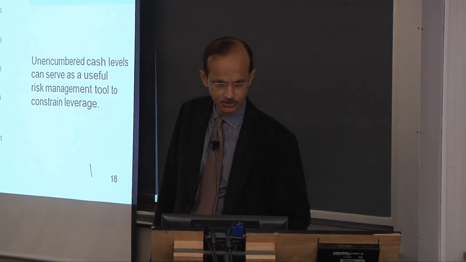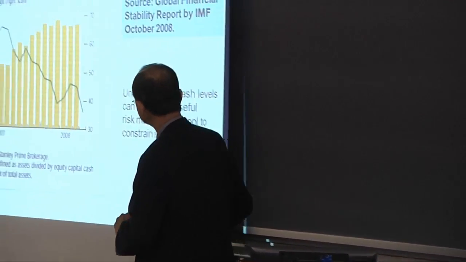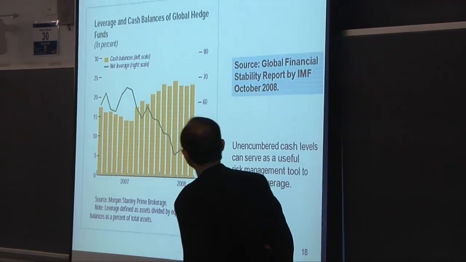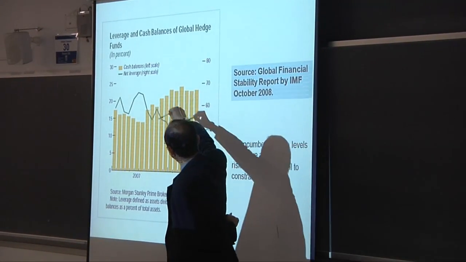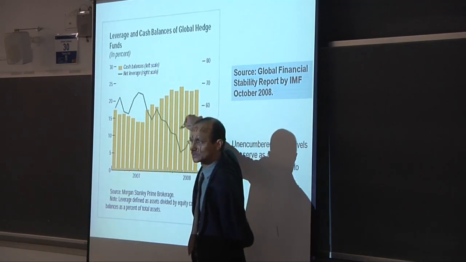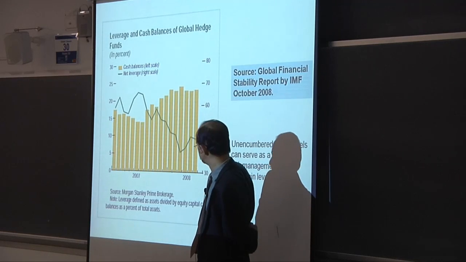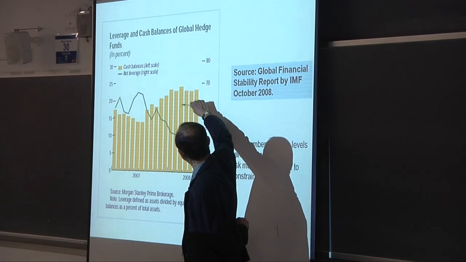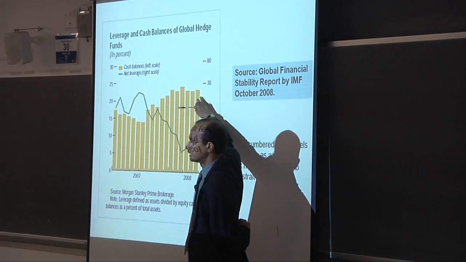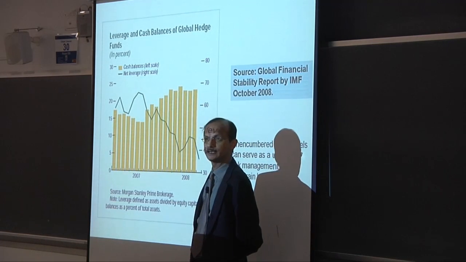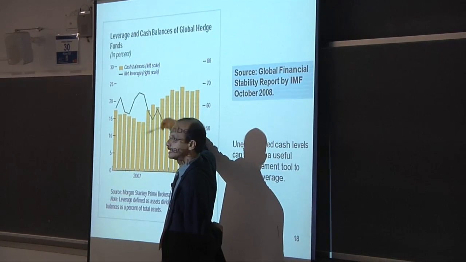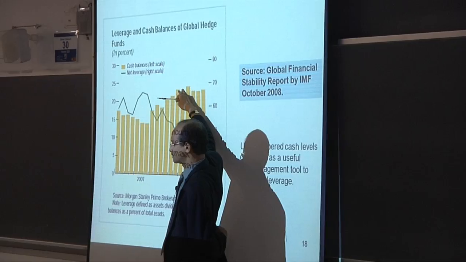Let me just show you one. If you look through the crisis of 2007 and 2008, there was a whole lot of deleveraging going on in the industry. This is from Morgan Stanley Prime Broker. If you look at the yellow bars, they represent the unencumbered cash. Now, if you are doing voluntary deleveraging, then dollar per dollar, your deleveraging will translate back into an increase in cash balance.